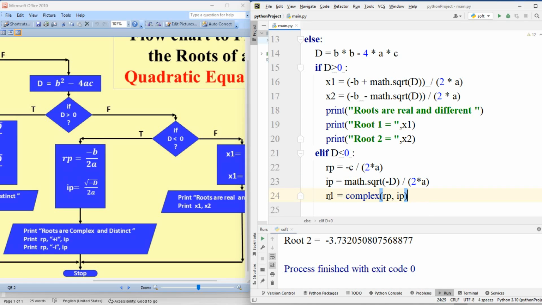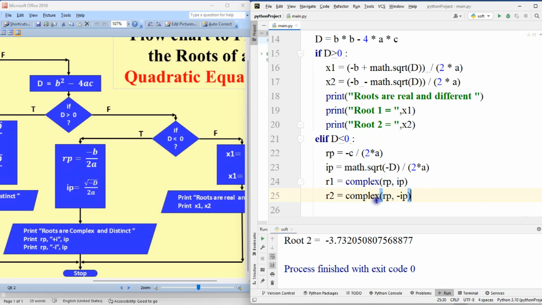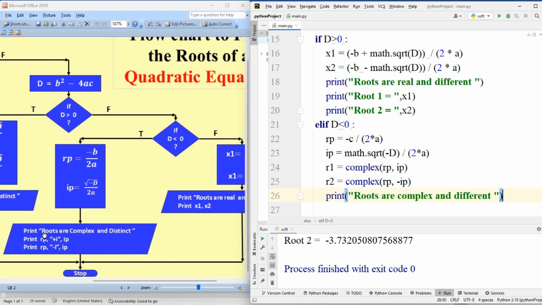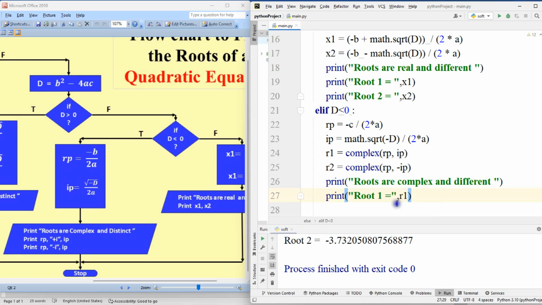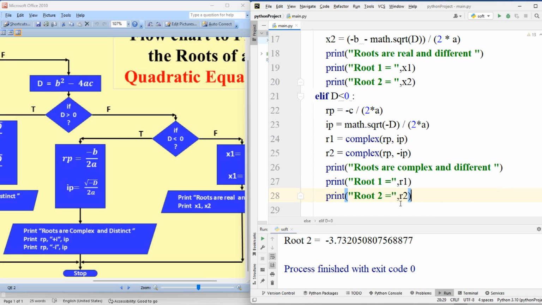There onwards, R1 equals complex of Rp comma Ip, R2 equals complex of Rp comma minus Ip. Before going to display these two values, first let us display using the print statement characteristics of roots. Characteristics of roots are like this. Roots are complex and different, and root 1 is equal to R1, root 2 is equal to R2.